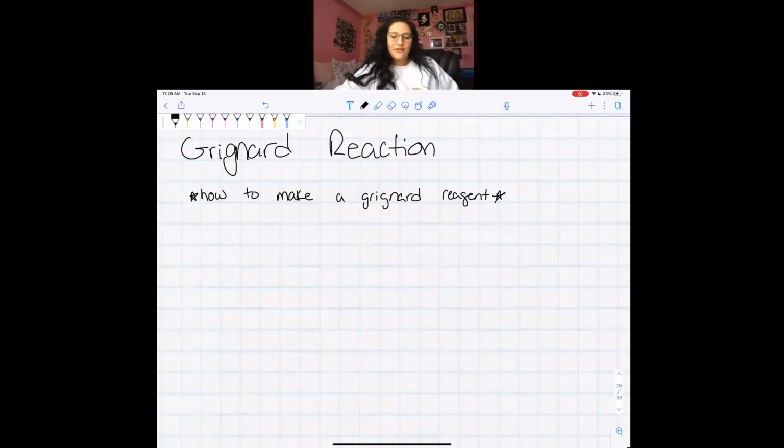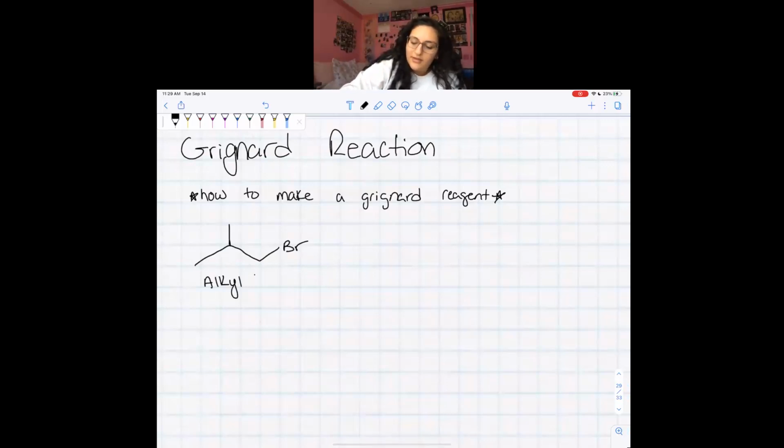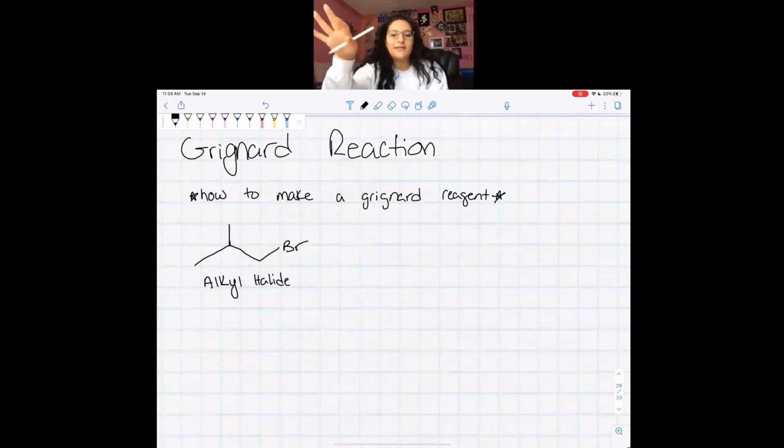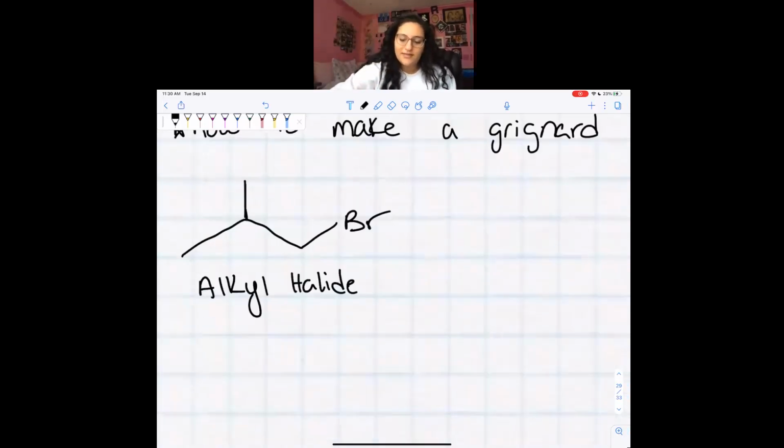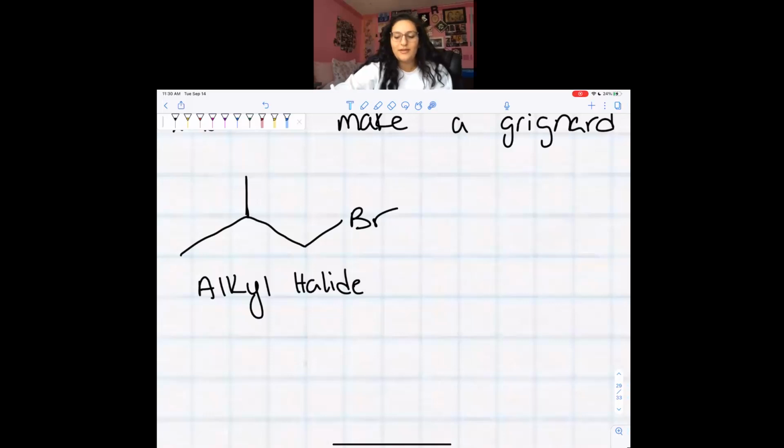So if you're hearing it for the third time, I apologize. We are going to start with an alkyl halide, and just for funsies, I'm going to change the alkyl halide. So, in this alkyl halide, this carbon and this bromine are in a lovely relationship. They're so happy, they're bonded, they've been together forever, super happy, right?